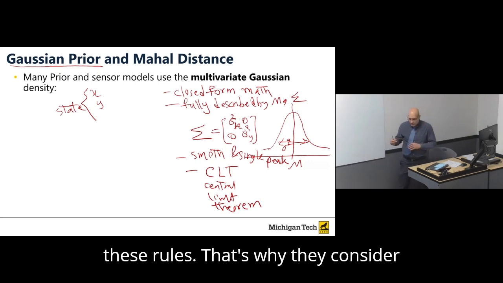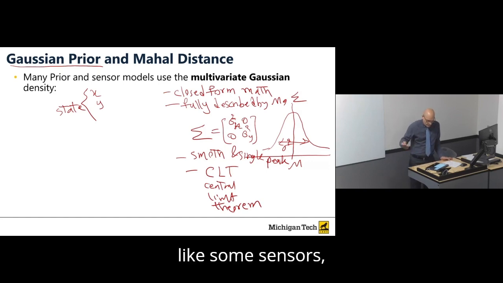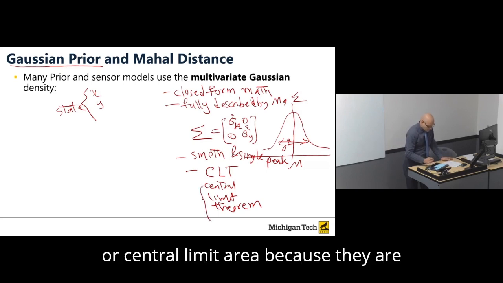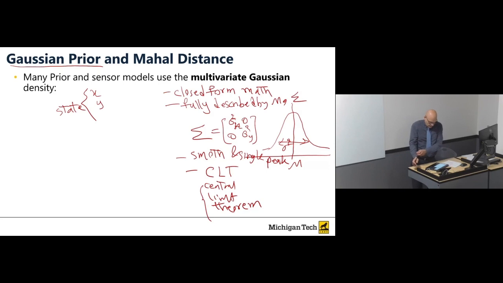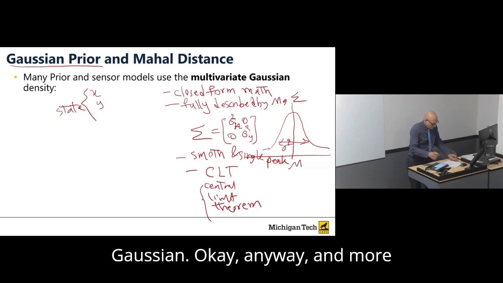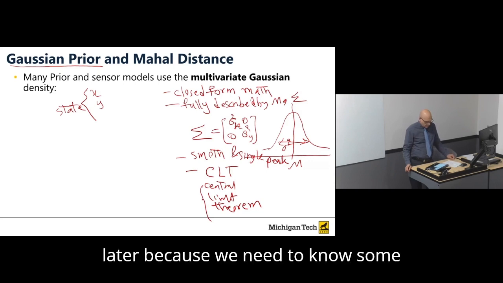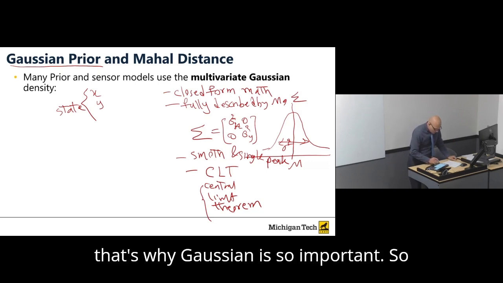That's why they consider the noise of some sensors Gaussian, based on the central limit theorem, because it is additive noise, and additive noise can be considered Gaussian. I'm going to talk about more of this later because we need to know some stuff first. Anyway, that's why Gaussian is so important.